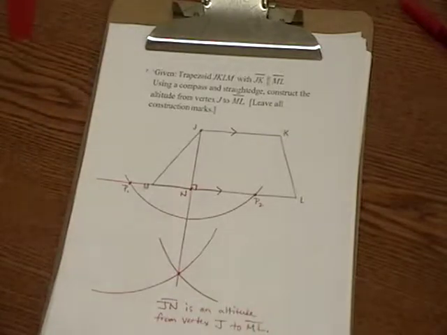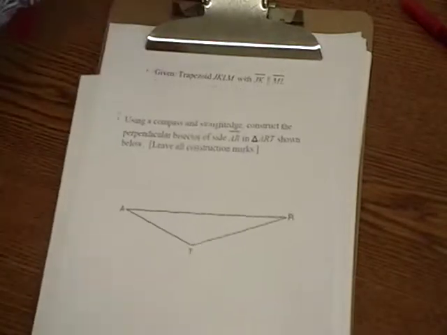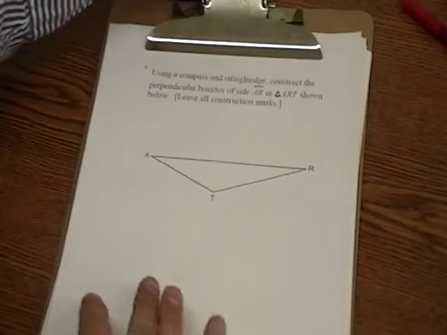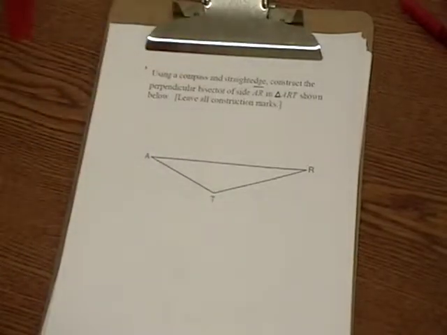All right, there's 7. Number 8, perpendicular bisector of AR.